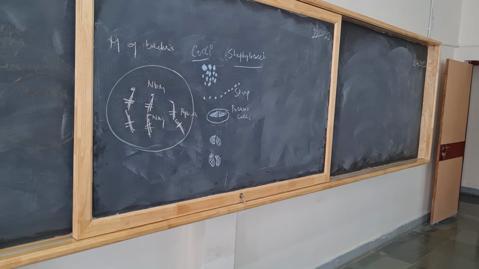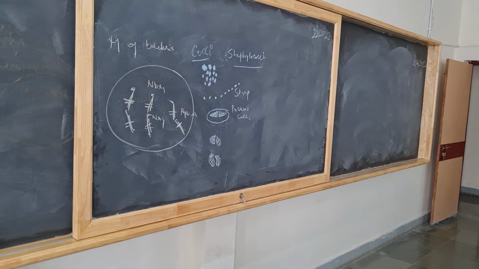Gram negative are pink. Remember your 2000 rupees note, they are pink.